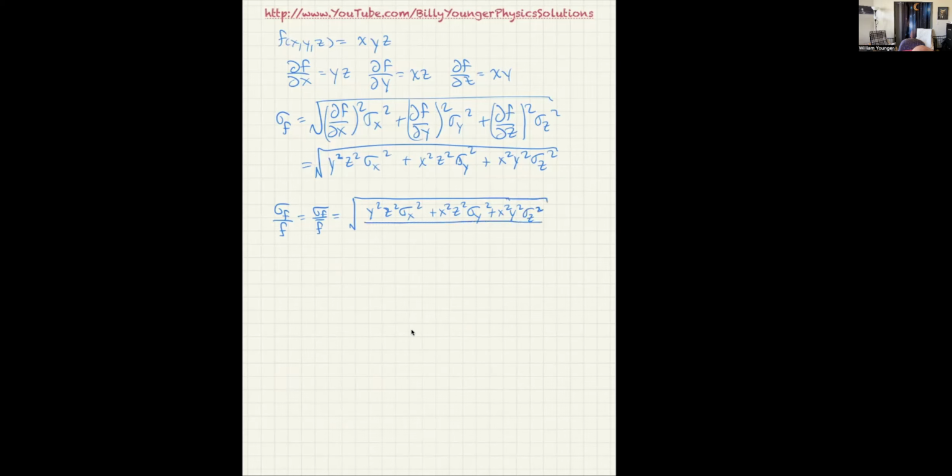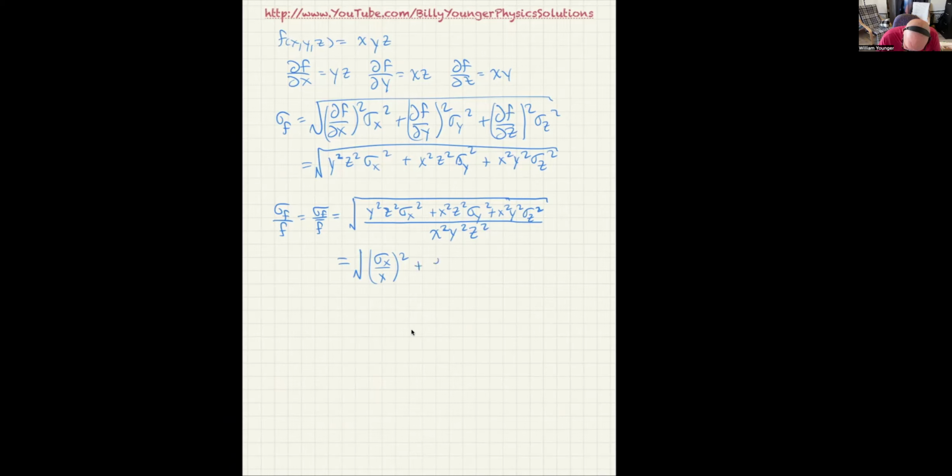And now I'm taking f, which was xyz, and to put it under the square root, I have to write it as x squared y squared z squared. And you can see that you get a lot of cancellations. So for instance, the first term just becomes sigma x over x squared, because the y squared and z squared in the denominator cancel the y squared and z squared next to the sigma x, and all you're left with is sigma x over x, both of which were squared.